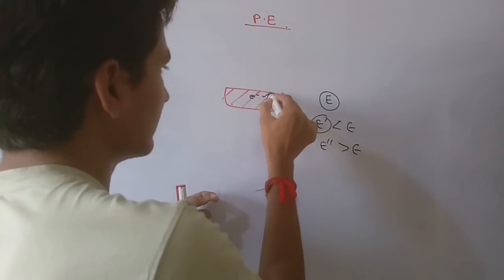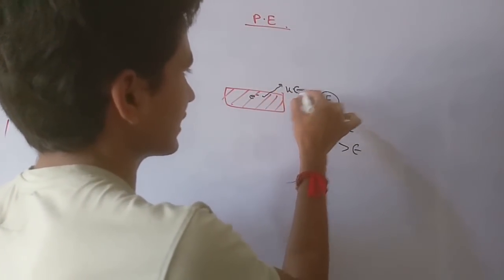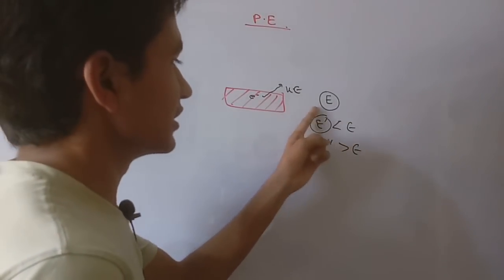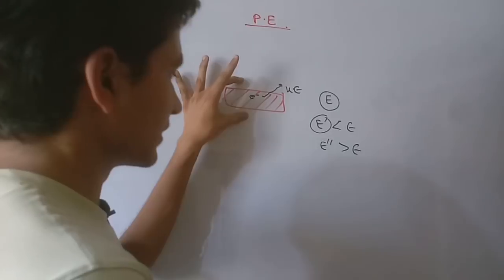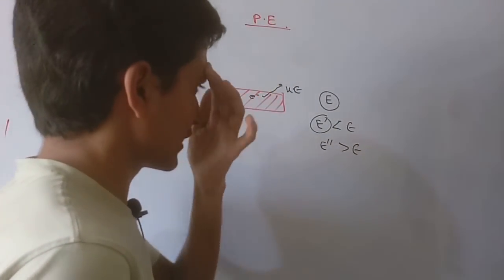After excitation it has some kinetic energy also. Again, this is the minimum energy E which has to be supplied to the metal so that an electron can be excited from that metal.